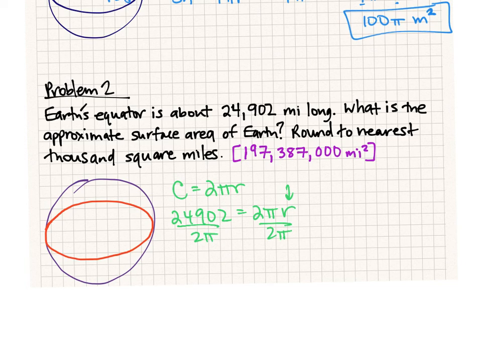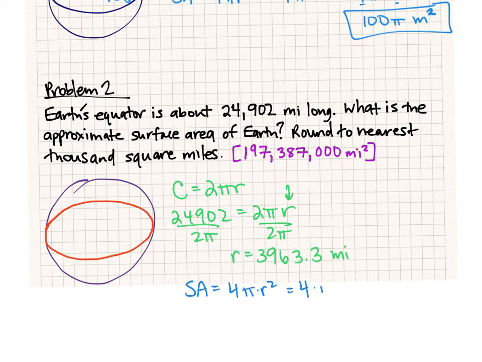So let's take 24,902, divide it by 2, and then divide it by pi. And we get that my radius is 3,963.3 miles.